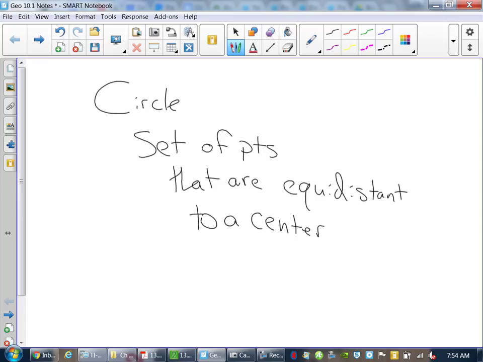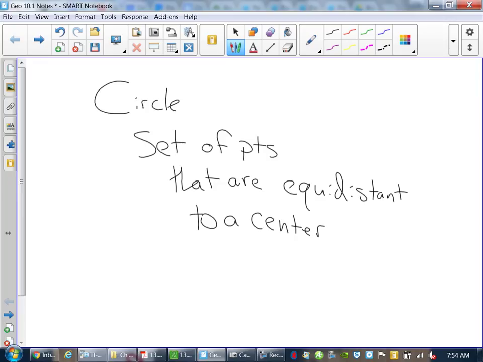So what that means is that every point that lies on a circle, in order for it to create that circle, they're all the same distance from that center point. The distance from the center point to the edge of the circle is called a what? The radius, yeah. And that's where the terms that you guys already know come into play. You just didn't realize that a circle is just a bunch of points that are the same distance from the center. That's all that means.